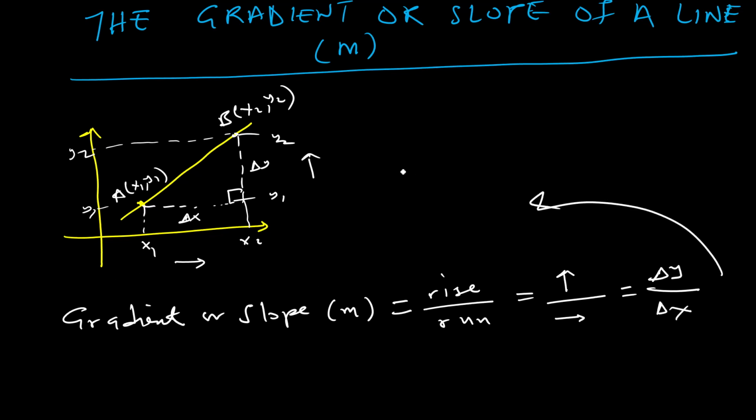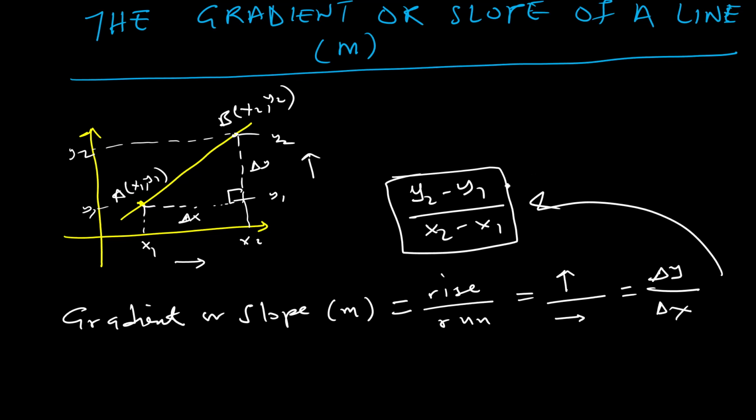Okay, so changing y here is y2 minus y1, then changing x is x2 minus x1. So given the slope of a line, our slope or gradient is changing y on changing x.